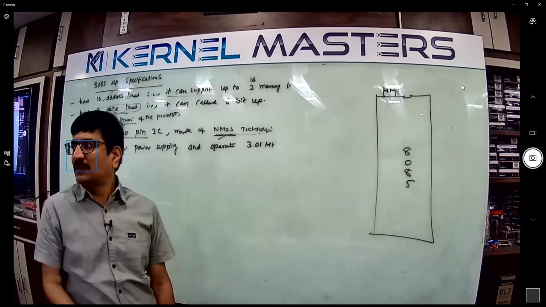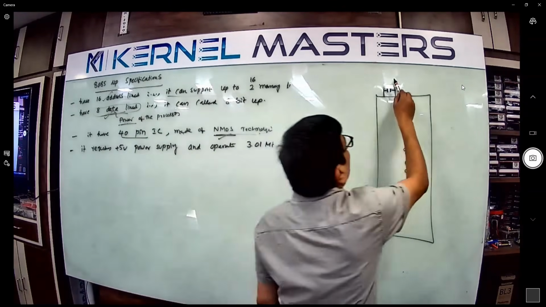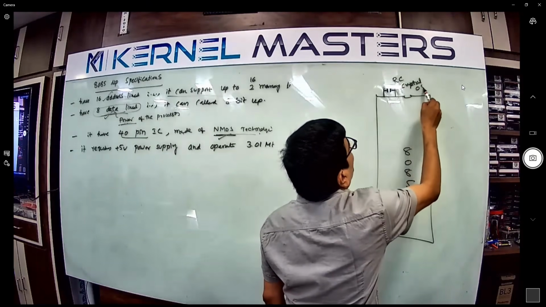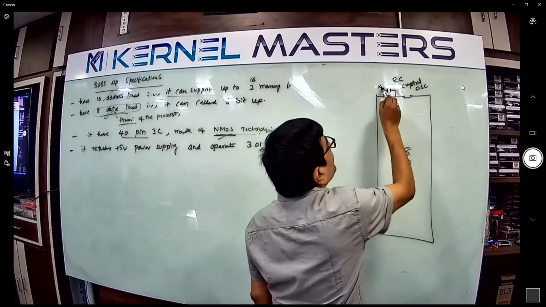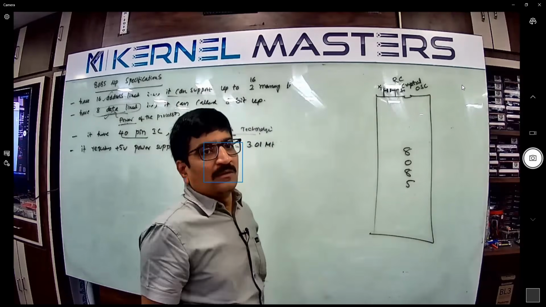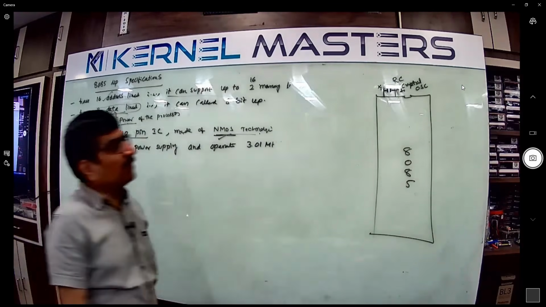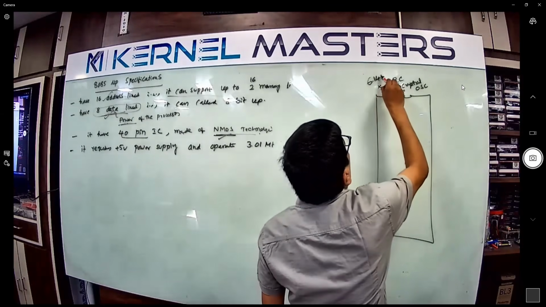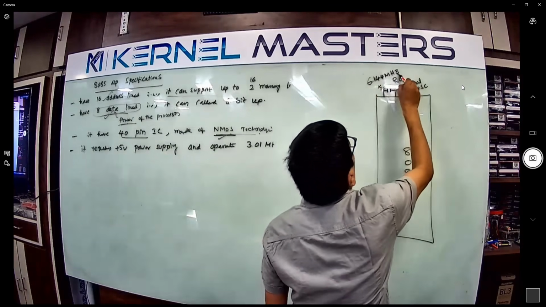RC and crystal oscillators are very popular. The crystal oscillator has 2 pins, X1 and X2, and the crystal size is 6.144 megahertz.